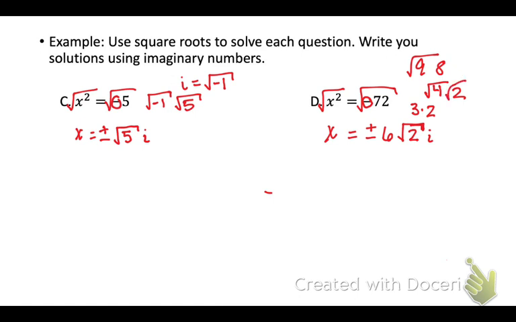Questions? Anytime you have an even root, I said even root, of a negative, what are you going to have in your answer? An i. Because I could have the cube root of negative 8. What would give me a negative 8?